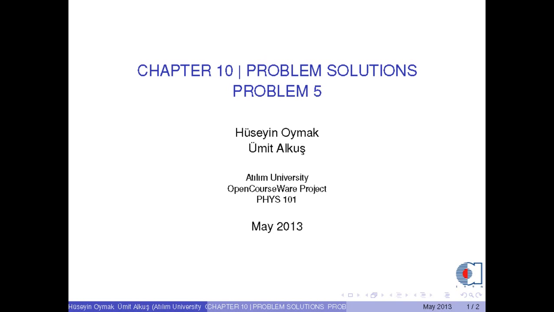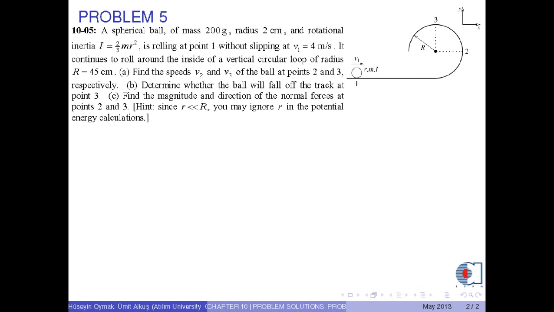In this video, we will solve one problem in Chapter 10. A spherical ball is rolling at point 1 without slipping at v1 equals 4 meters per second.